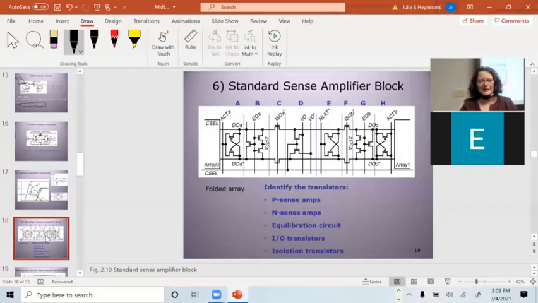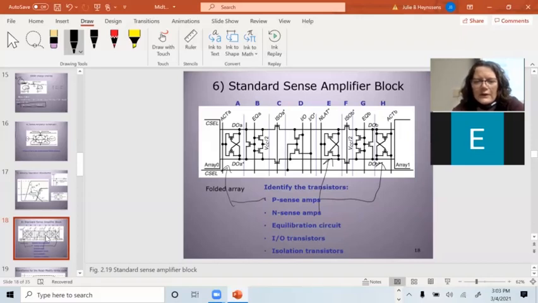This is the sense amp that you will need to build for project 3. It's got a latch. It's got 2 P latches. These are the P sense amplifiers because they're PMOS. The N sense amplifiers are right here.